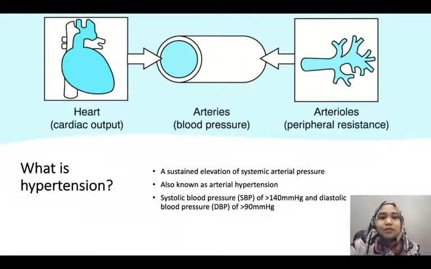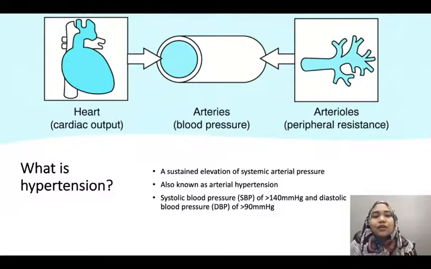90 millimeters of mercury. So hypertension is a combination of cardiac output and systemic vascular resistance activity, where cardiac output or peripheral resistance are either elevated or both are elevated.